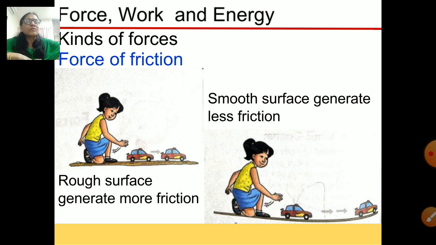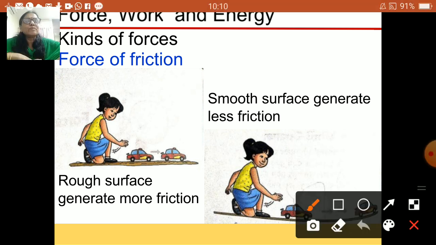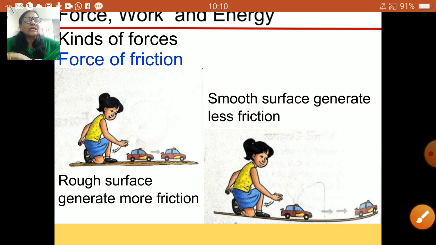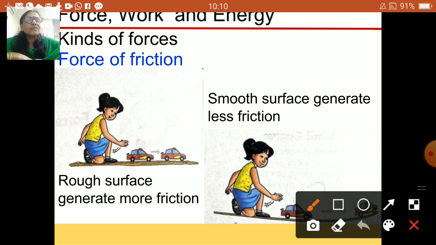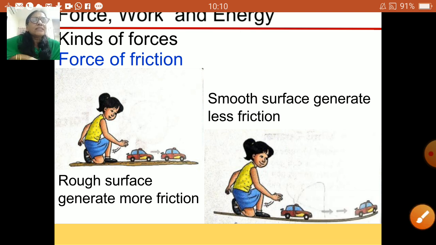Like you can see here in this picture. Here the surface is rough, and see the distance. While here on this side, the distance covered by the car is more. Why? Because the surface is smooth.